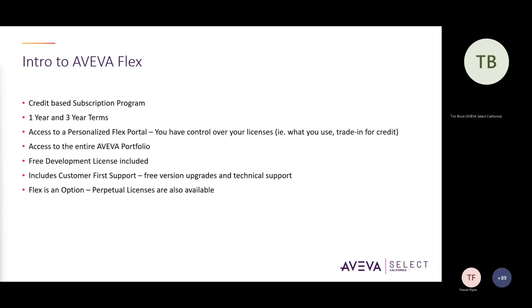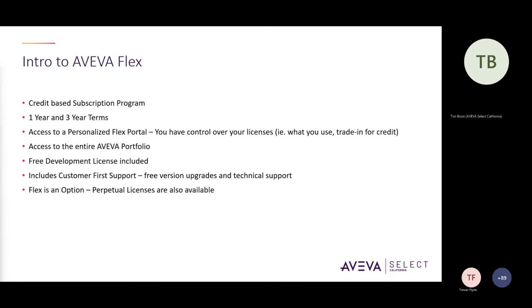Maybe some of you are familiar with Flex, some of you are not, so I'm going to start from scratch here. What is Flex? It is a licensing program that is tailored to your needs, towards your outcomes, managed through a centralized portal. This is the portal that we're going to go through later on in this presentation.